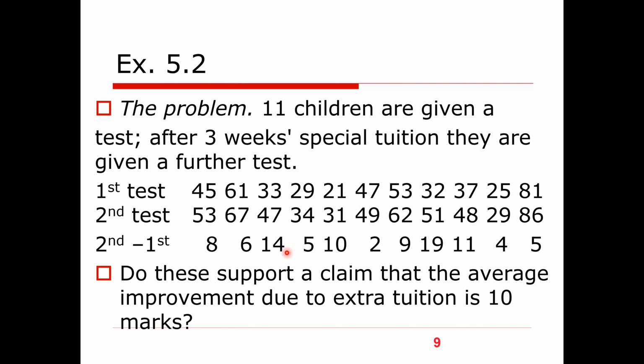And now we want to test. We know they all make progress, so we want to test if their extra tuition helps them get, on average, 10 more marks, which means the median of this sample, the second minus the first, should be 10. That's our null hypothesis.